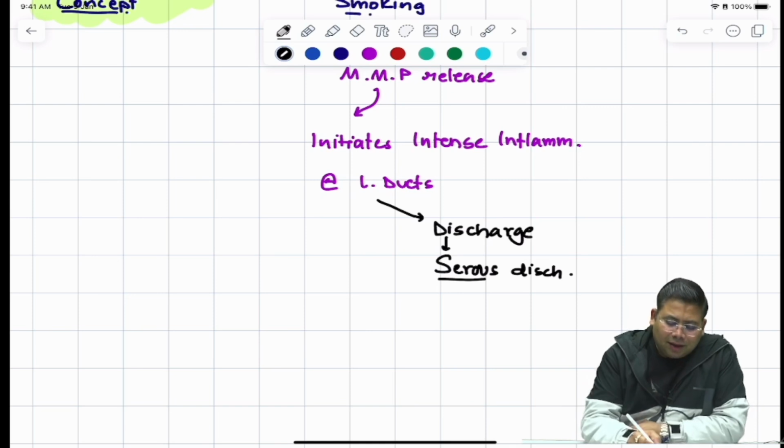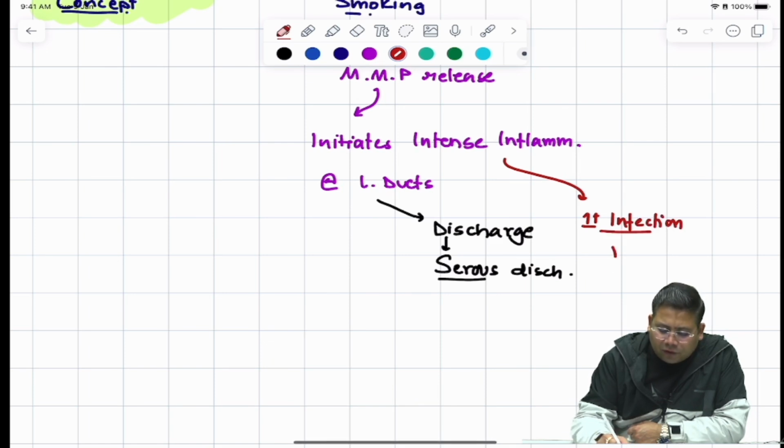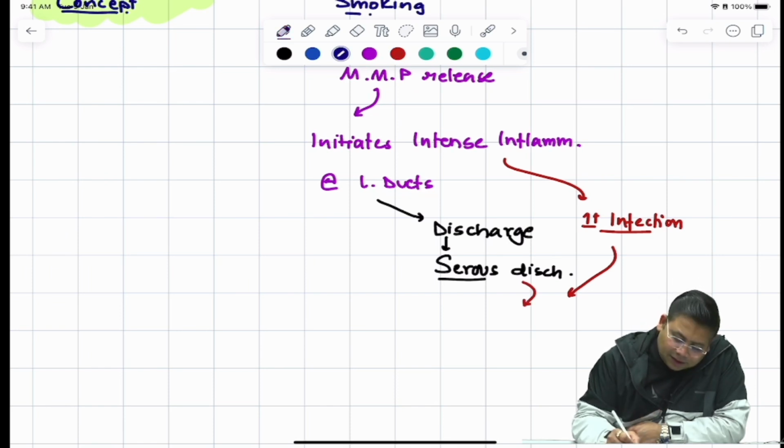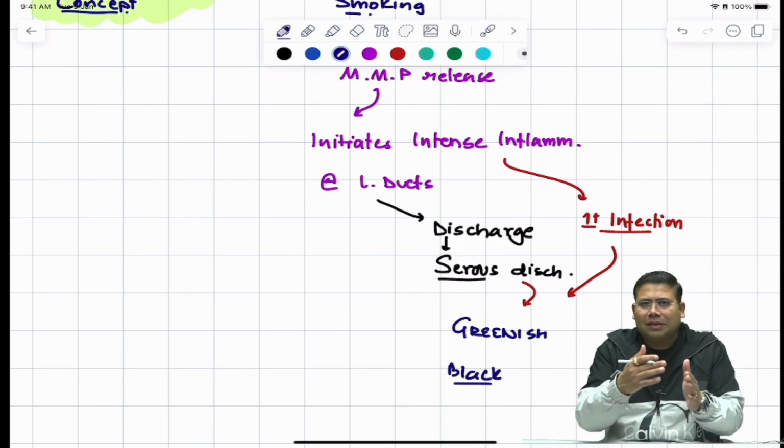The moment there is inflammation, there is increased risk of what, students? Infection. And the moment there is increased risk of infection, the infection superadds on this serous discharge and results in a what, students? In a greenish black nipple discharge. Now try to understand how the changes are happening with the stage.